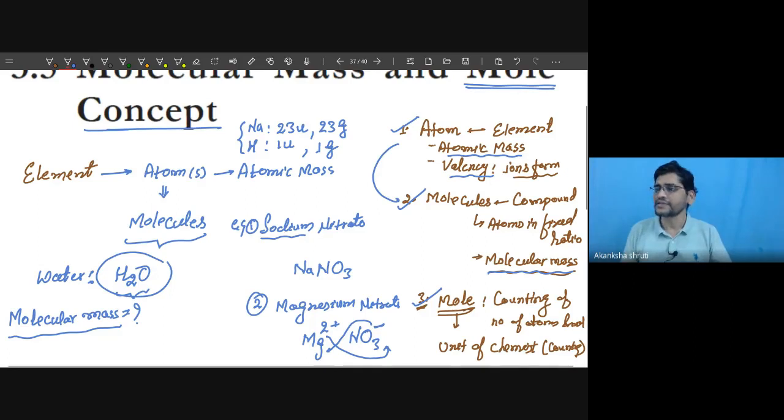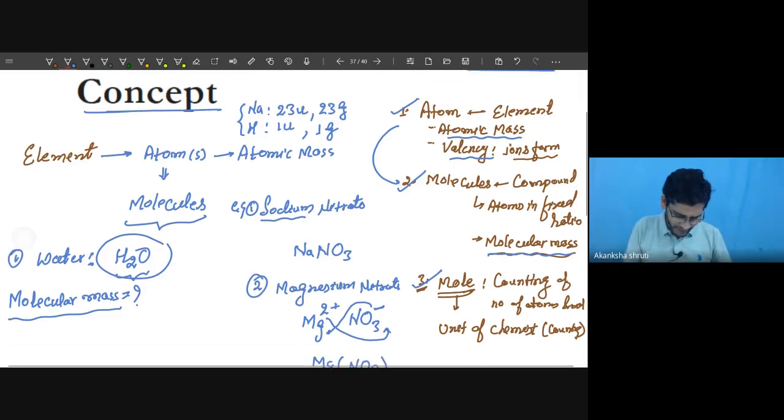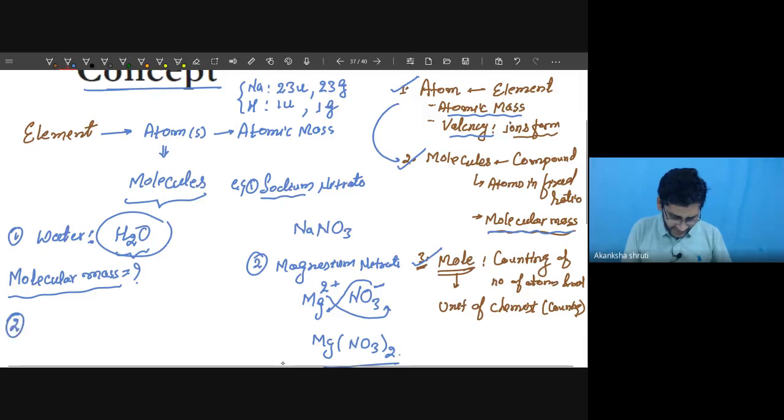Okay, that is the simple concept. In that way we can determine the molecular mass. So here, if we have another molecule, let us take sodium chloride or NaCl, what is its mass? This thing we want to learn today.